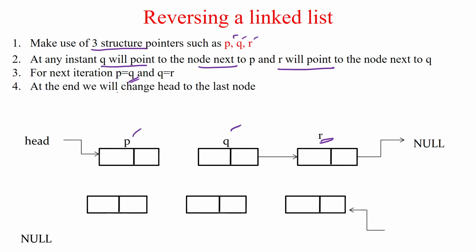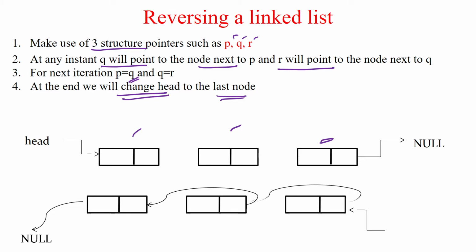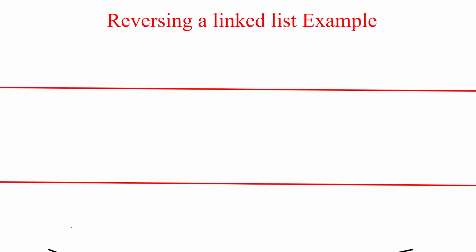At the end we will change the head to the last node and the tail to the first node. So that's what we have to make here: head is the last node, the tail is the first node. So how to do this?